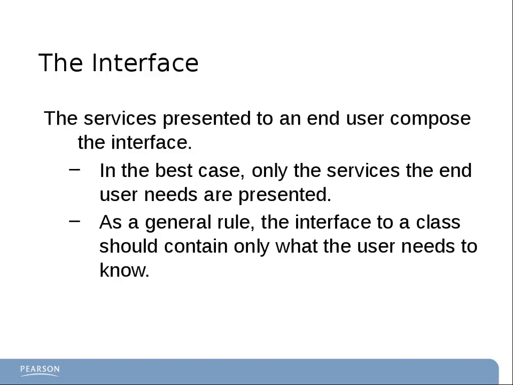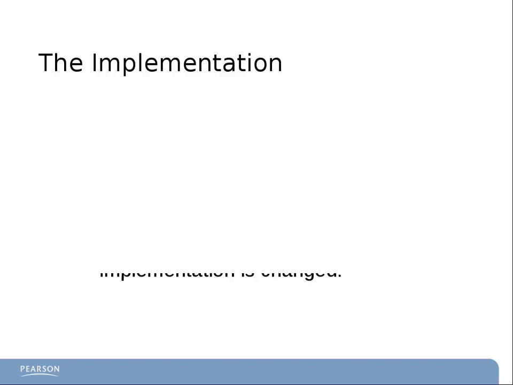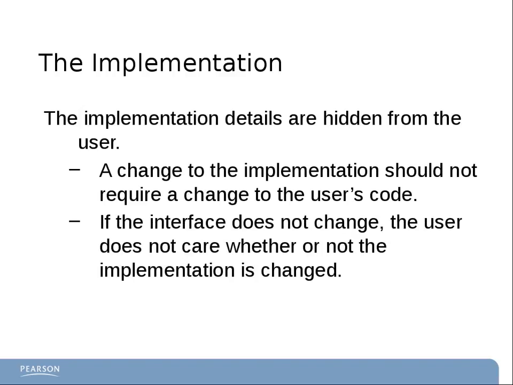So make sure the interface only has what the user needs to know. The implementation is the details, and they're usually hidden from the user, but it's the details of how you actually complete what the interface is.